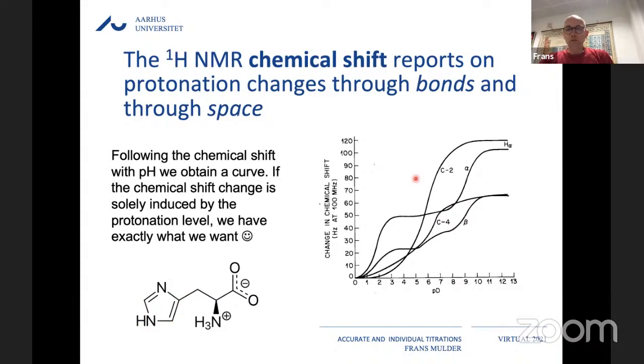Whereas if you follow the hydrogen alpha, you see that there's a titration here at high pH around 9, and then there's another titration again somewhere around 2. And of course, those are due to the carboxylate titration at around pH 2, and the titration of the amino group here at high pH. So depending on which nucleus we use to observe in our NMR spectrum, we actually get different information about the different groups that are being titrated.